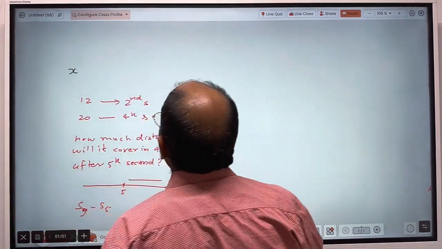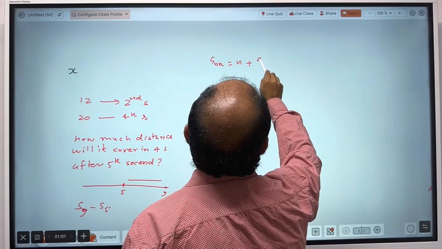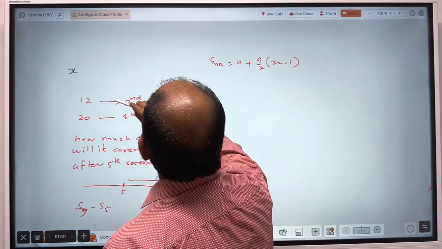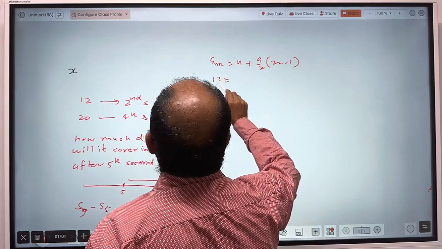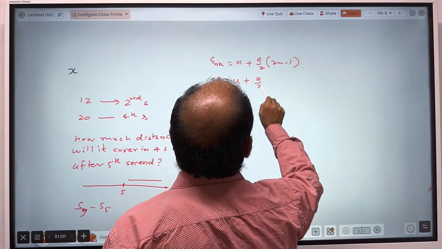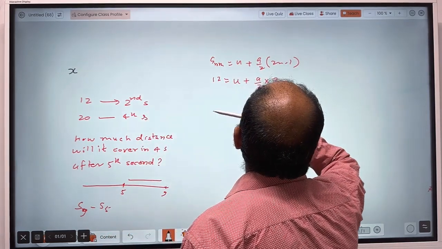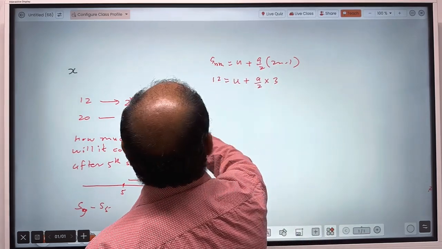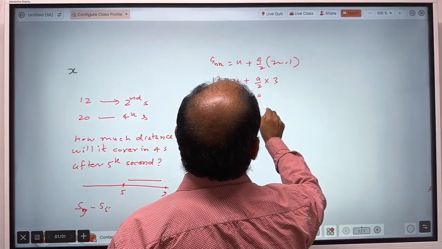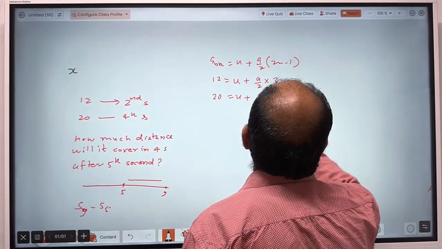So let's see. We can write the formula S nth, you know, it is u plus a by 2 into (2n minus 1). So here 12 equals u plus a by 2, and this is 2nd second, so this will become 3. Similarly, this is 4th second, so 20 equals u plus a by 2, and 2 times 4 minus 1, so this is 7.